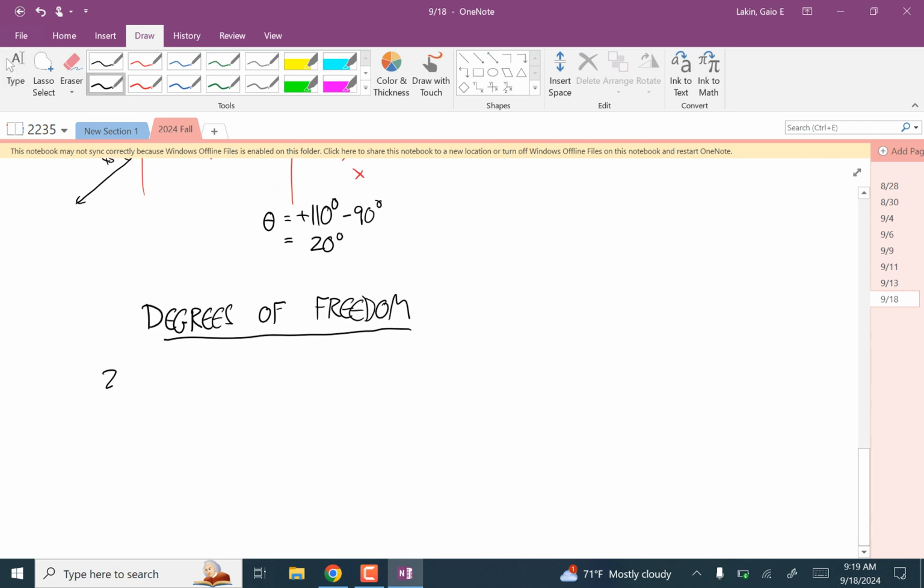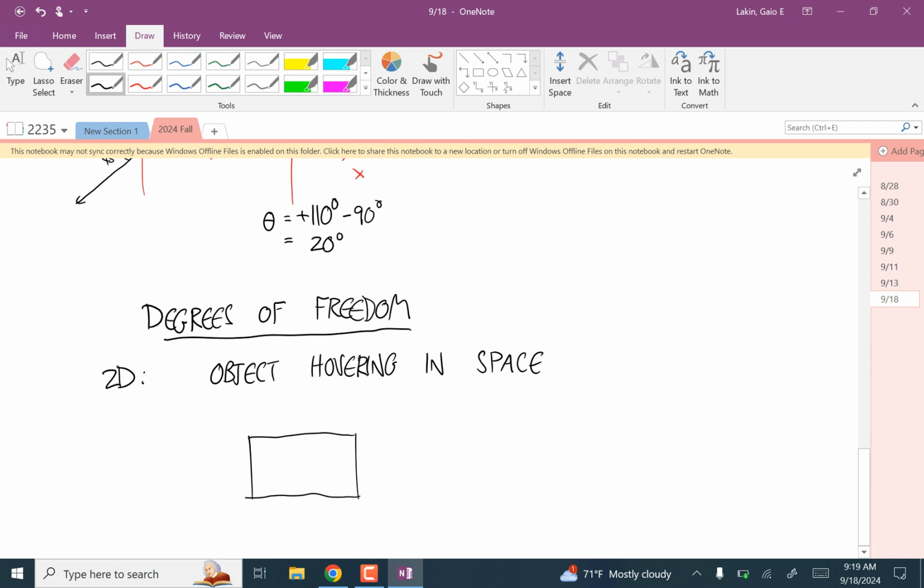In 2 dimensions, imagine an object just hovering in space. And imagine the ways that it can move.